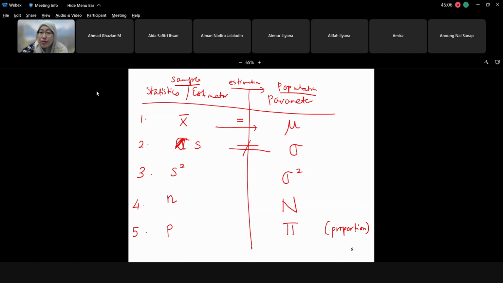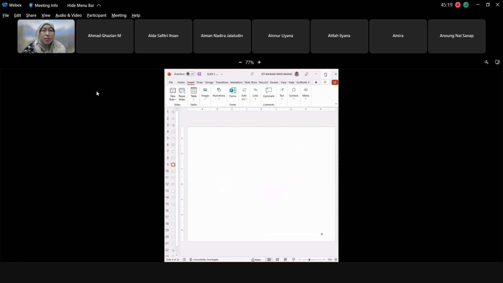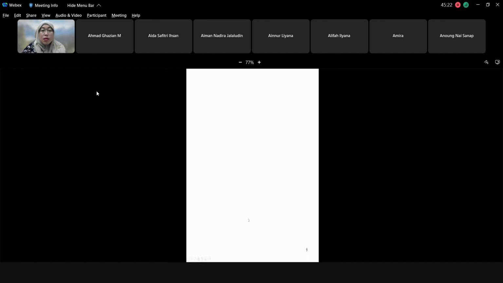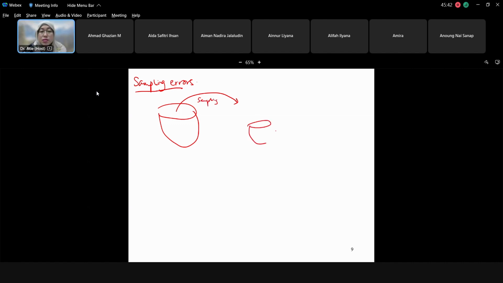So for example, when you are taking a sample, you do the sampling process in order to get the sample.